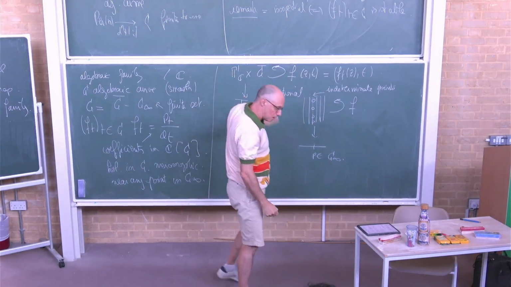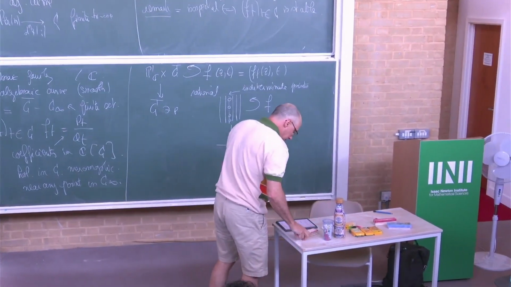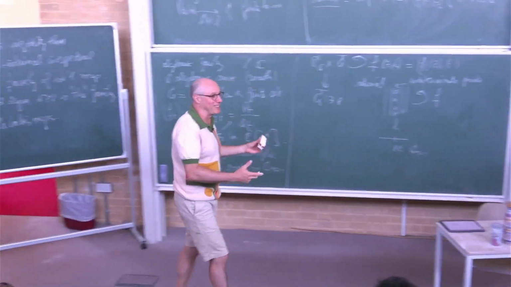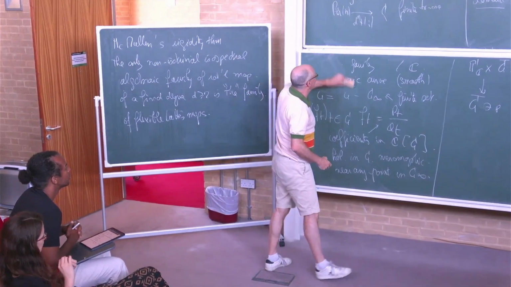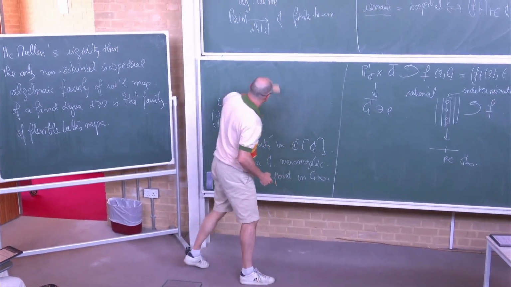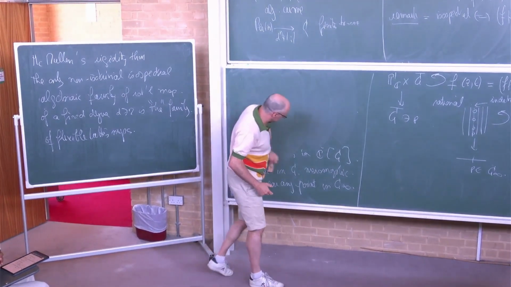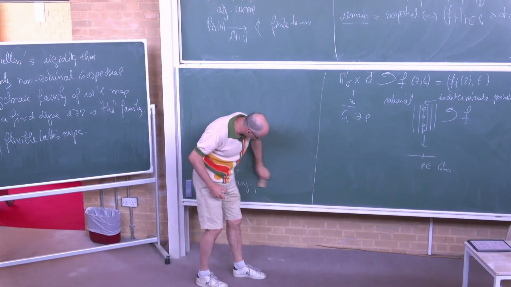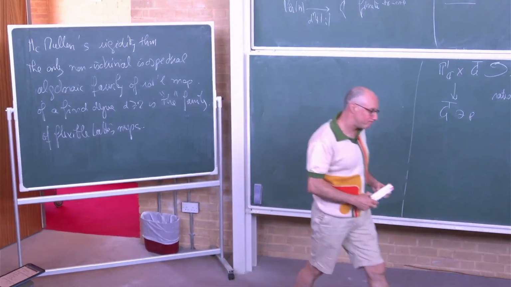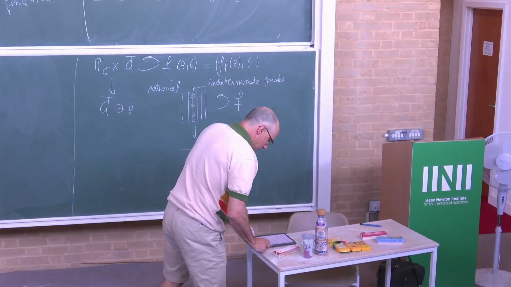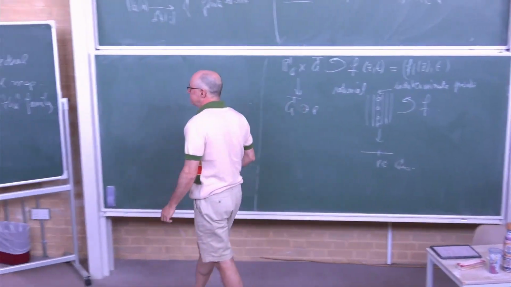Okay. So what's next? Yeah, flexible Lattès family. I'm not going to write it down again, I defined this last time. I just wanted to make one observation.